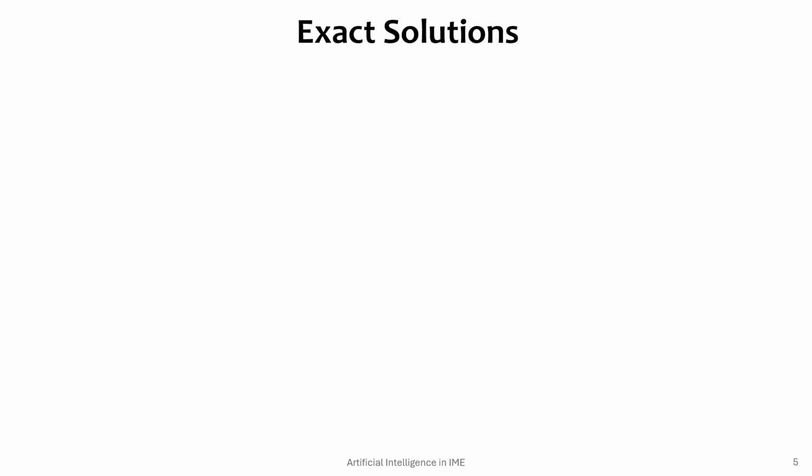Now let us understand what exact solutions are. We have already seen in the course different kinds of search algorithms and other approaches to find the solution space. For exact solutions, usually for these problems we first formulate the decision variable, the constraints and the objective function.